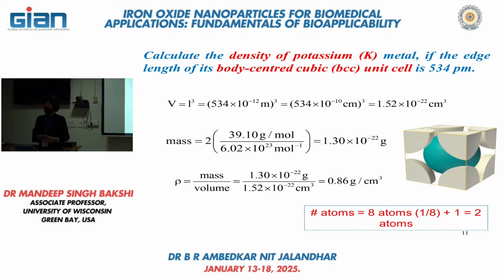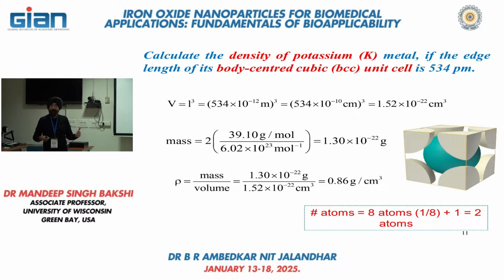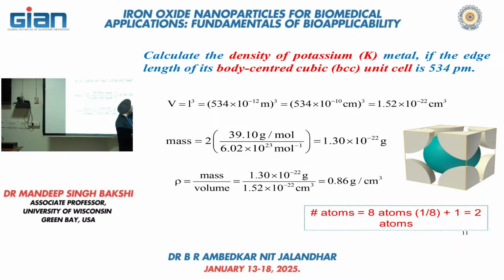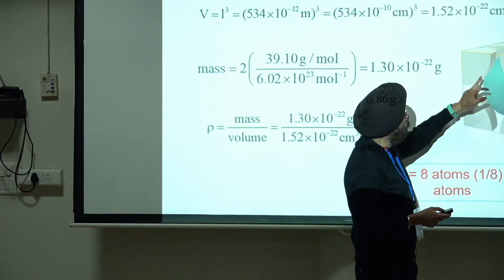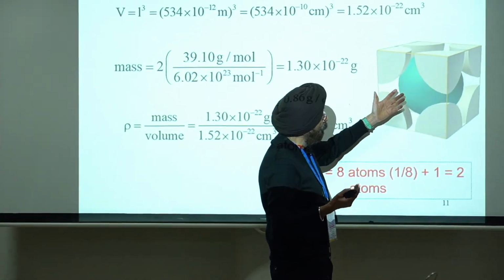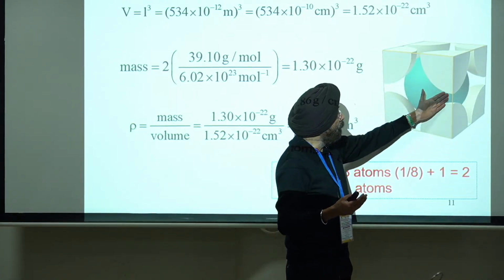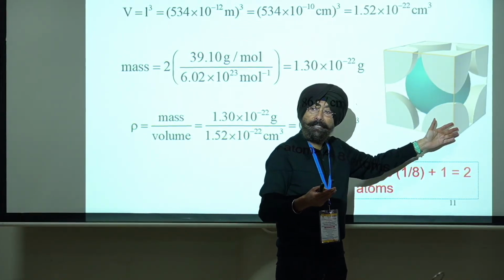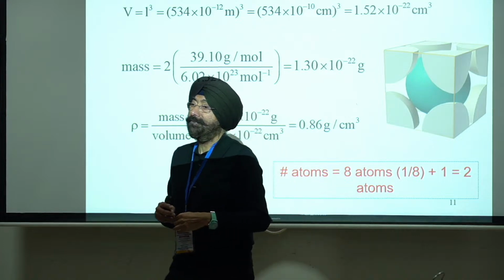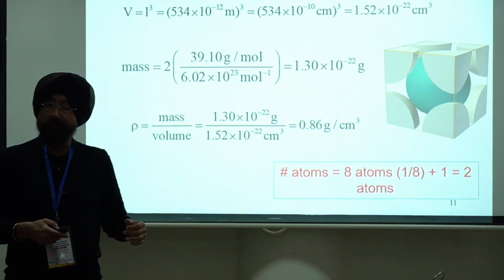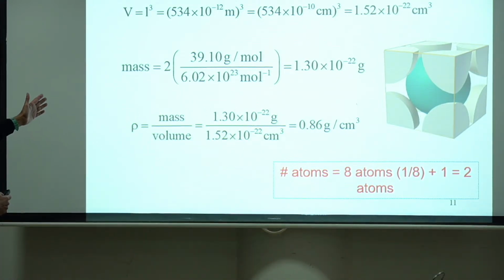You have to calculate the volume or the density. It is much more straightforward to calculate the volume because all sides of the cube are equivalent. So if I have to calculate the volume, I simply need the length of one side and I can take the cube, and that would be the volume. And that is what is over here.